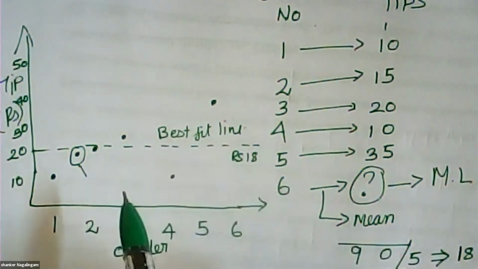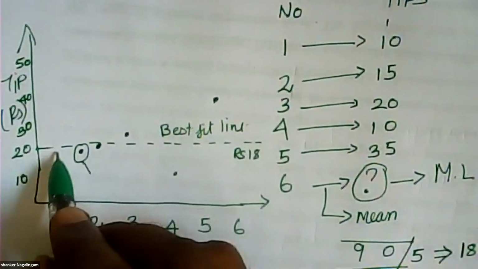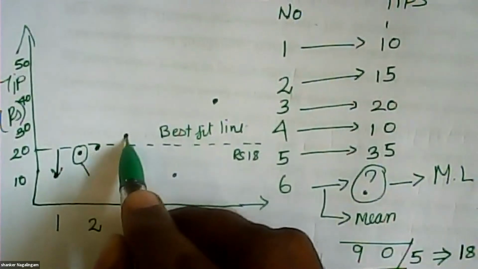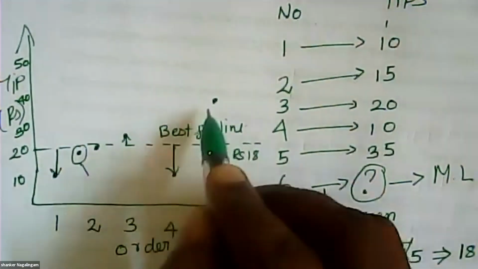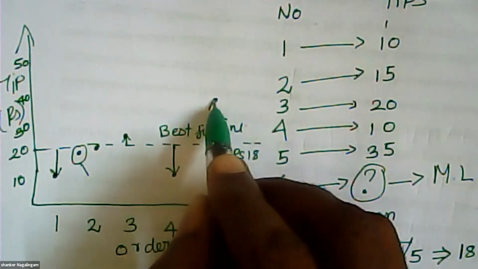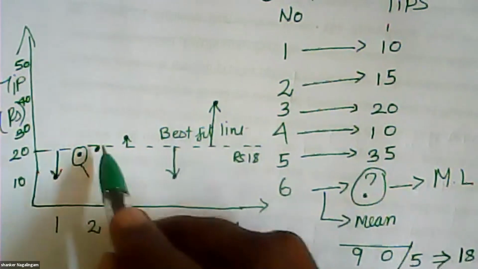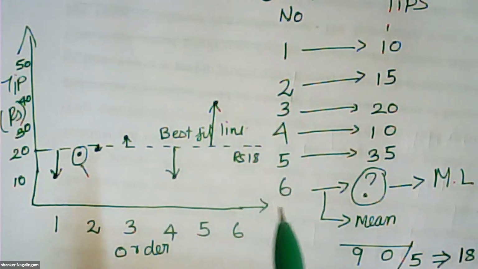Now, when I plot the same diagram, this is the point. Actually, the average is 90, and this is the point.